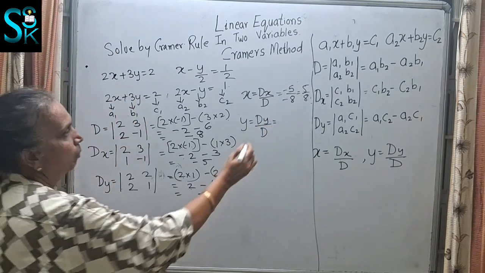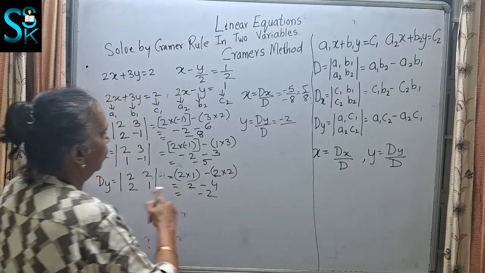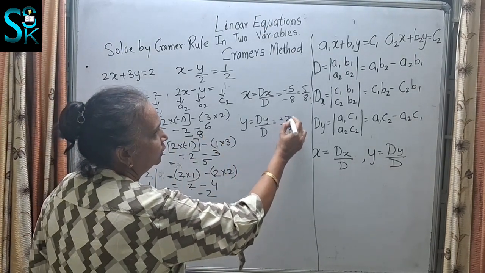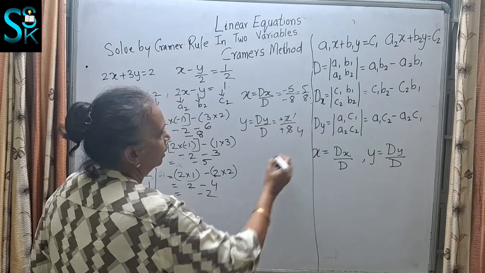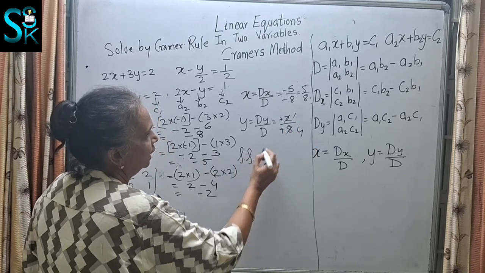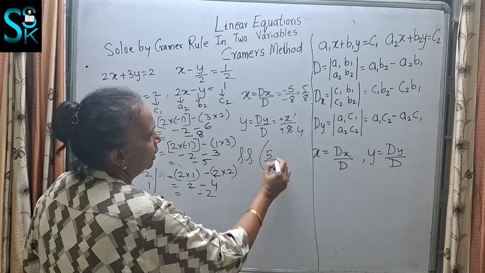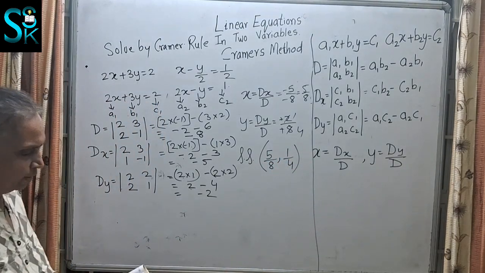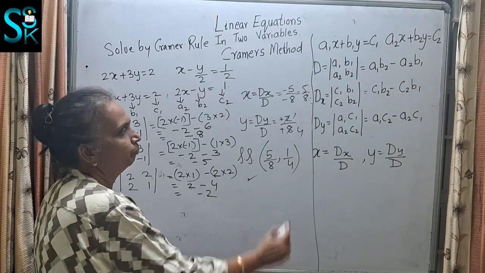What is dy? Minus 2. And d is minus 8. Minus minus will get cancelled. 2 ones are 2, 2 fours are 8. So what is your solution set? First x, that is 5 upon 8, and next y, that is 1 upon 4. And we have done it right.